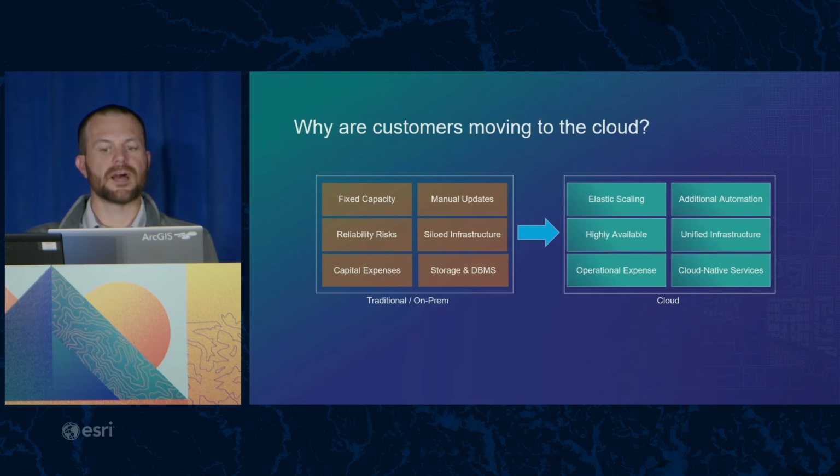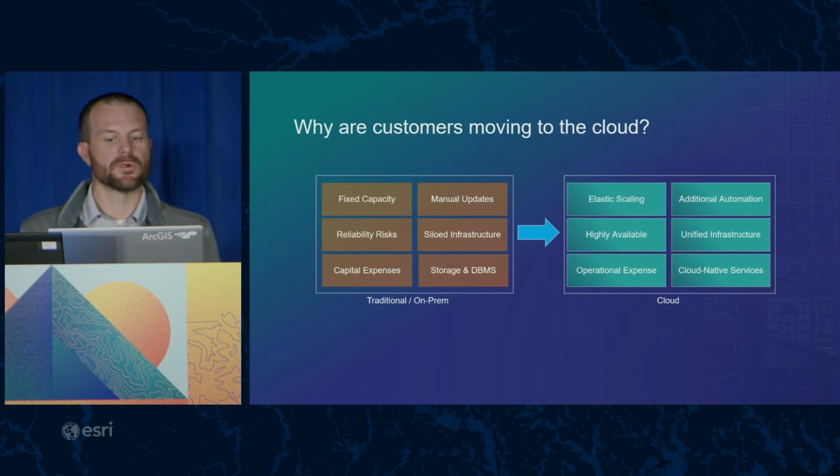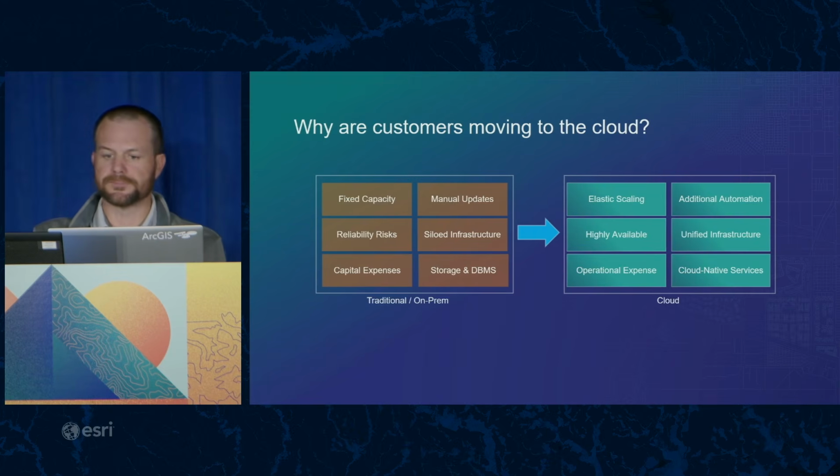It offers high reliability and disaster recovery options, as their data centers have built-in redundancy across multiple availability zones. And it could be a shift from an upfront capital expense model to a more flexible operational expense. I've also heard that customers are looking to reduce their burden of hardware and software maintenance while unifying their GIS hardware infrastructure into the rest of their organization.